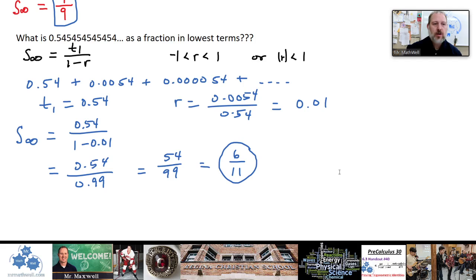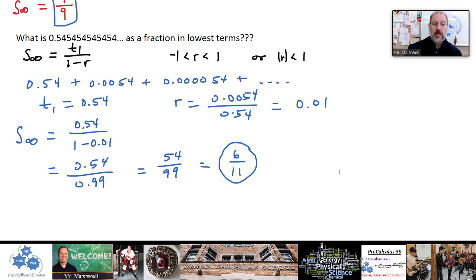So the first term is going to be 0.54. What we're going to add to that to tack on the next repeated part is 0.0054, then 0.000054. That's how we start to add these together to build this repeated decimal. So T1 is 0.54 and R is actually 0.01.